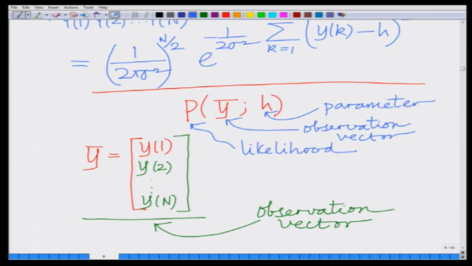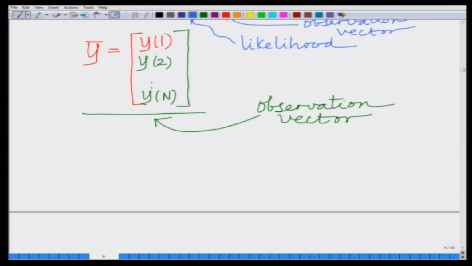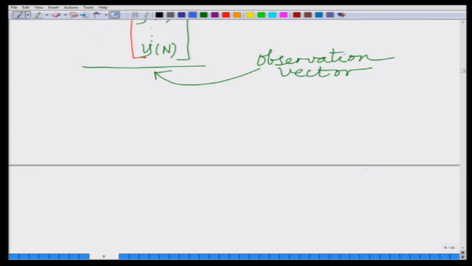We have derived the expression for this likelihood function. Now what we would like to do is maximize this likelihood function.